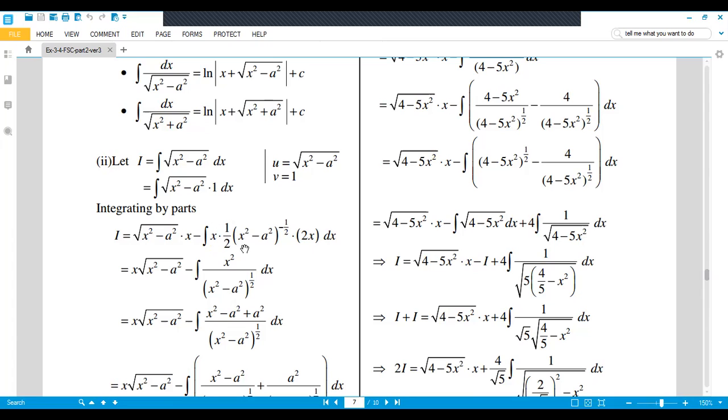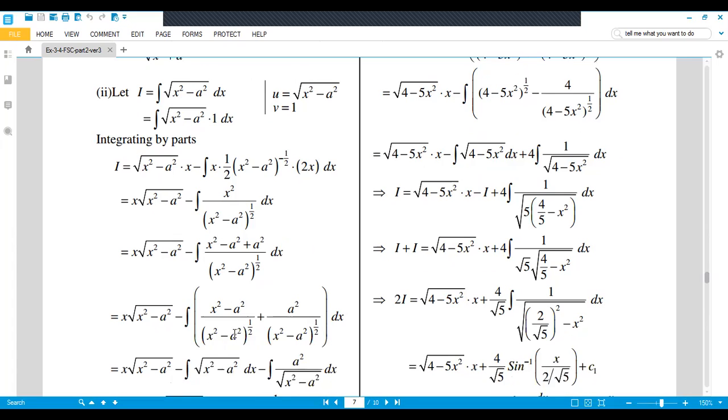So just like the previous question, we add and subtract a square. When we add and subtract, we make it separate. When we make it separate, this divided by this, we get this one value, and this one value we write as it is.